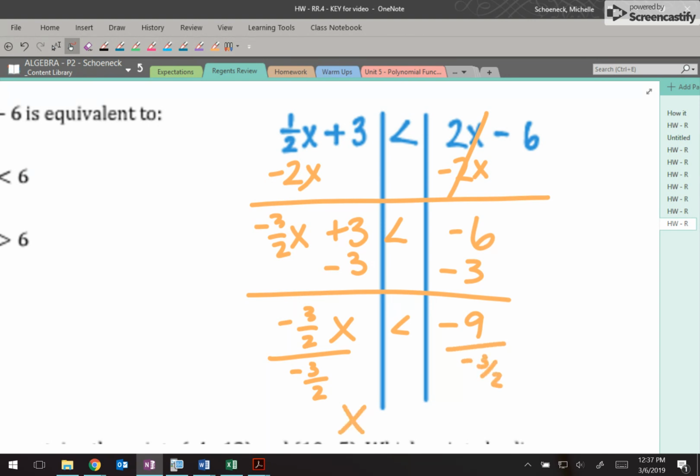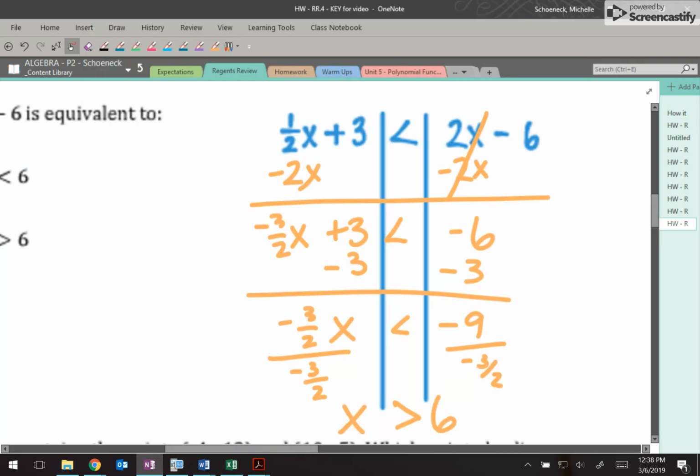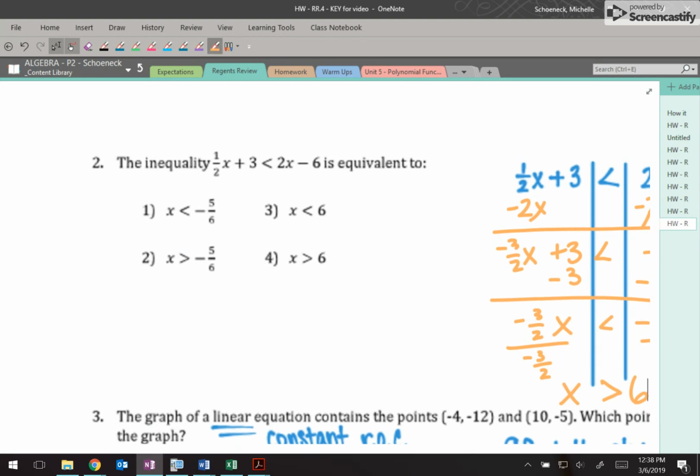Now remember, when we divide or multiply by a negative in an inequality on both sides, we have to flip the sign. So now I'm going to do -9 divided by -3/2, and we get 6. So we're looking for x is greater than 6, which is answer choice 4.